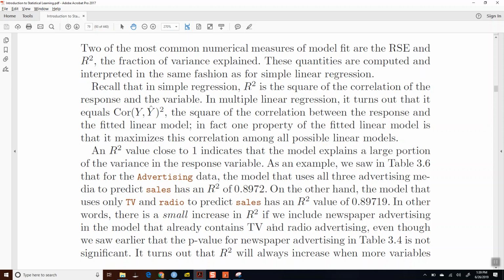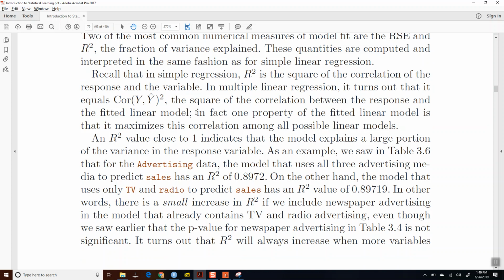And if the fitted values and the actual values align quite closely, you're going to have a high correlation, and this means your multiple linear regression does do a good job. It does explain a lot of the variance, okay? So an R-squared value that is close to 1 indicates that the model explains a large proportion of the variance in y, okay? So you want a large R-squared, okay?